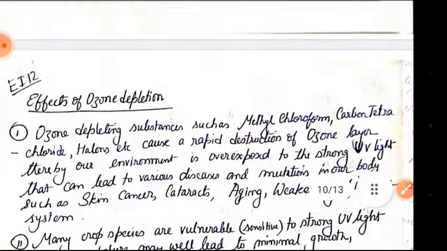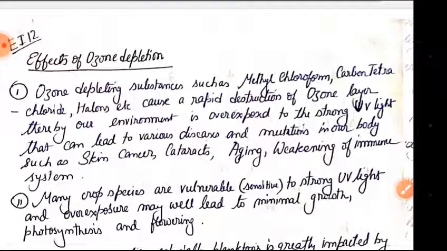Now what are the effects of ozone depletion? Obviously many health effects will occur, because if the harmful ultraviolet radiation enters the earth surface, it will cause severe effects on our health, not only in humans but also in plants, animals and other organisms.